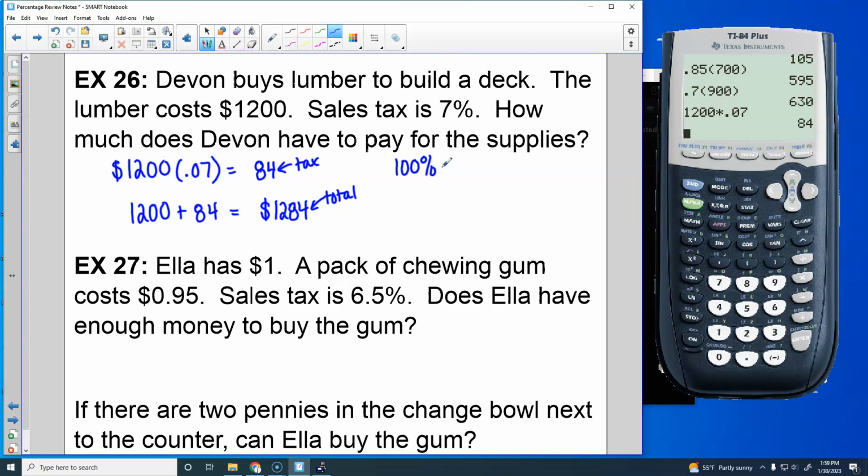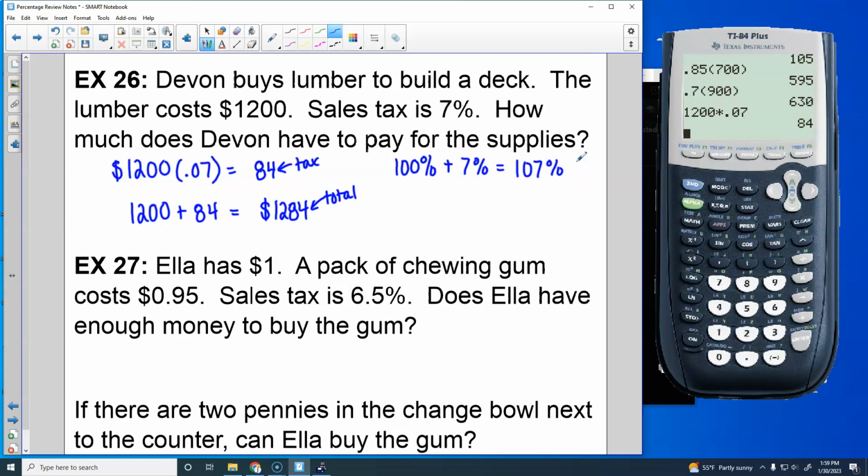You have to pay the full $1,200 that the materials cost, but then you're paying an extra 7% on top of that. So you're paying 100% of what it costs plus 7% for sales tax, which means you're going to pay 107% of the cost.